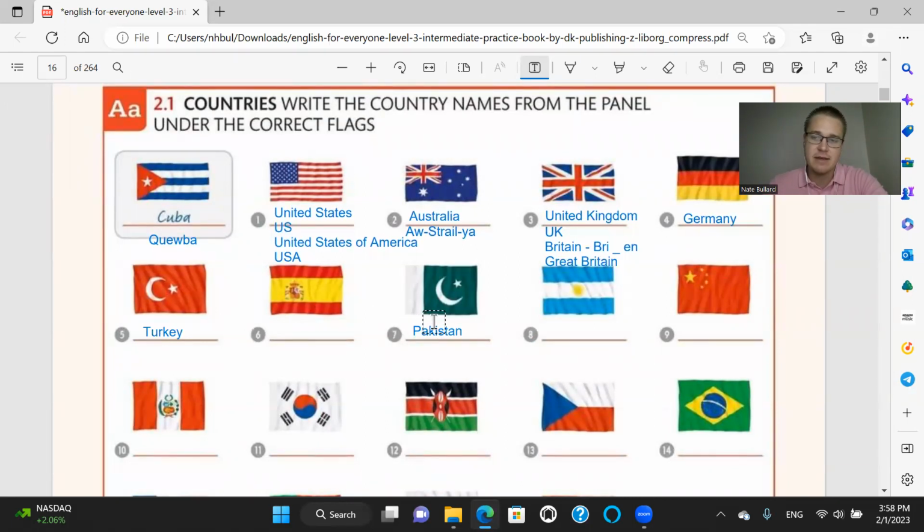And in English, it falls at the beginning of the word, Pakistan. Okay, Turquía, in English, Turkey. Alemania, en inglés, Germany. Entonces, con los países muchas veces el acento cae más al principio de la palabra. No siempre, pero a veces.